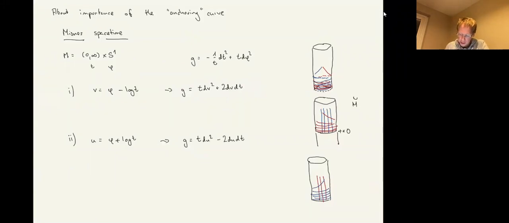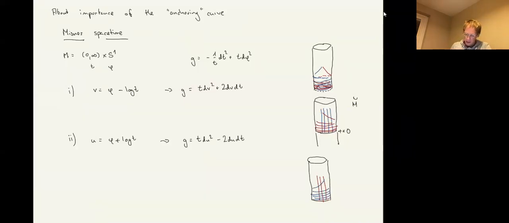However, the extensions are completely different. In this extension, the blue null geodesics have a limit point, while in this extension, the blue null curves don't have a limit point, but only an accumulation curve. So in particular, you see that the C0 structure of the extensions is very different.